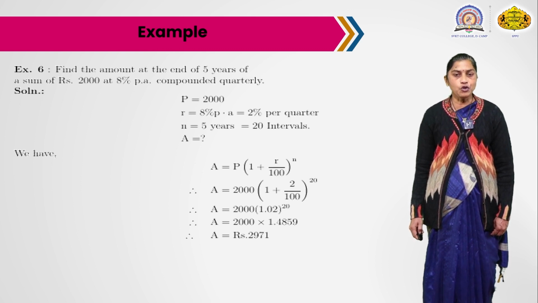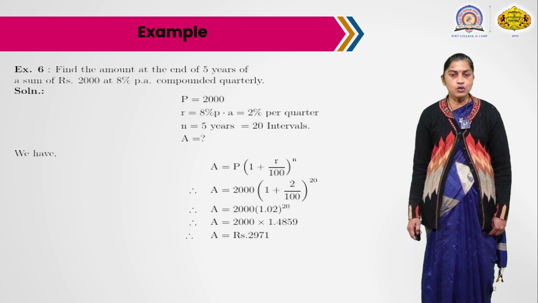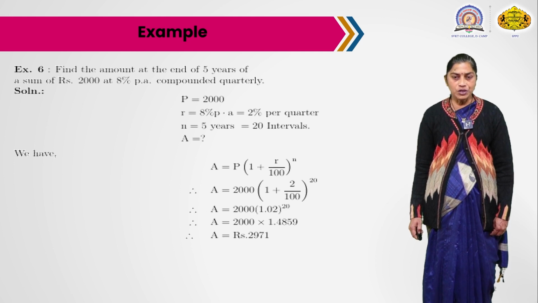Now, use the formula A is equal to P into bracket 1 plus R by 100 bracket raised to n. Put the values. So A is equal to 2000 into bracket 1 plus 2 by 100 bracket raised to 20. Do the calculations.